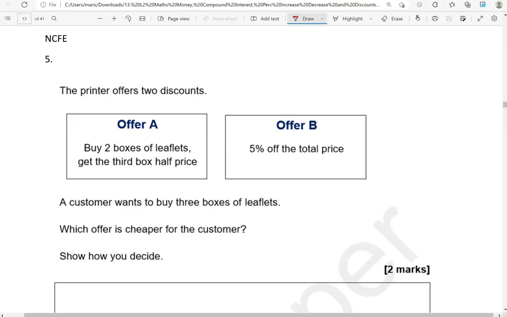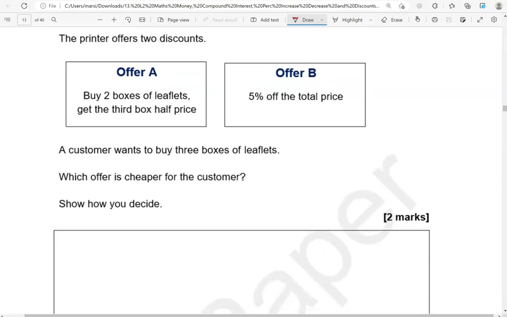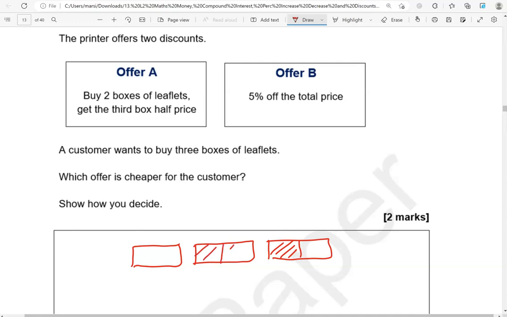Show how you decide. So we've got offer A, where we pay for the 2 boxes and get the 3rd at half price. So that is like paying for these 2 boxes and having the 3rd at half price. So I'm just going to split these into halves so they look the same.